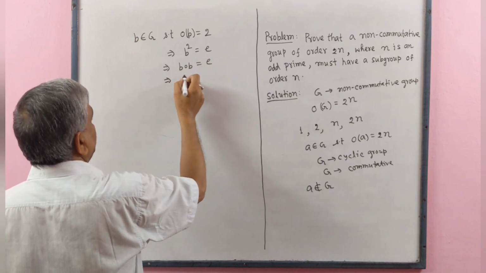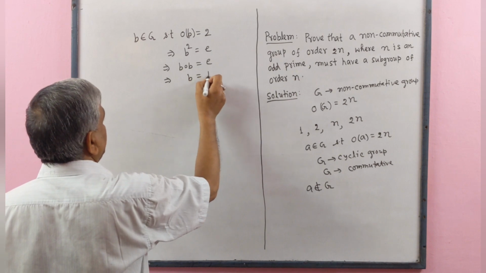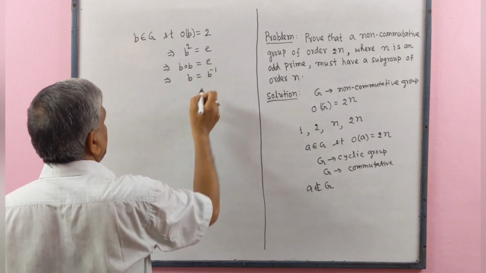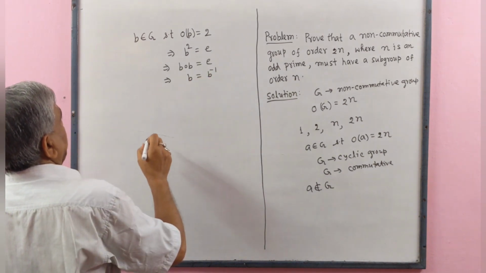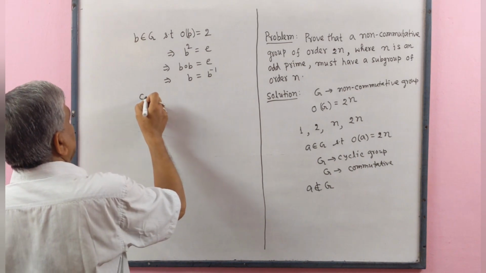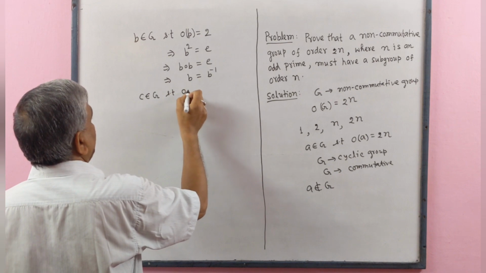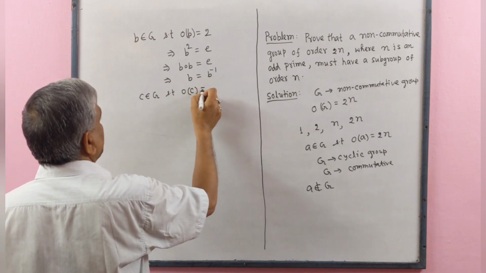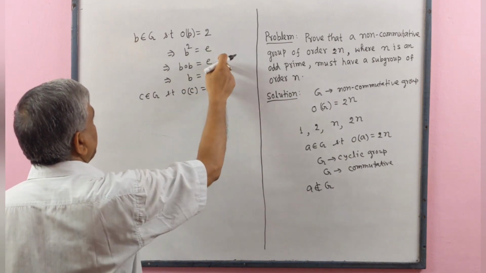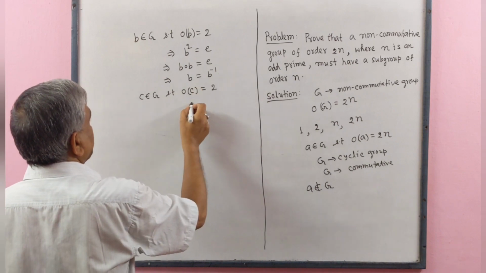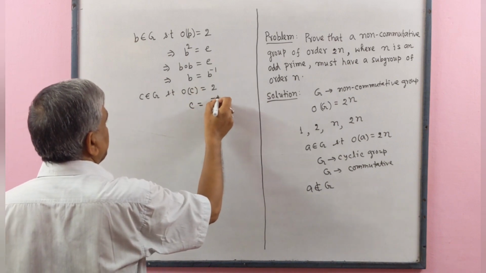That means b is the inverse of b. Similarly, c belongs to G such that order of c equals 2, and similar to this case, c equals c inverse.